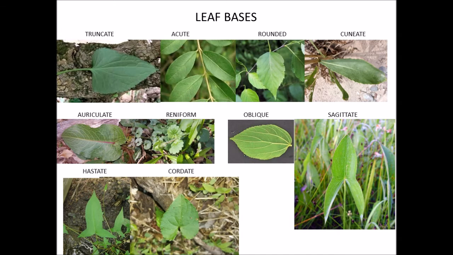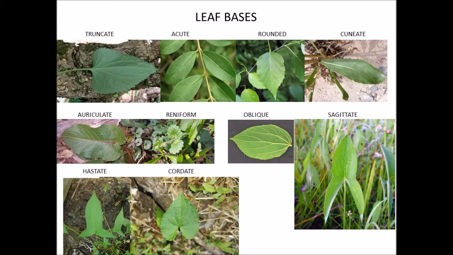Leaf bases. A truncate base is a square base, as indicated there. An acute base is basically a sharp angle moving towards the base. A rounded base is self-explanatory. Cuneate is a leaf that narrows towards the base broadly.